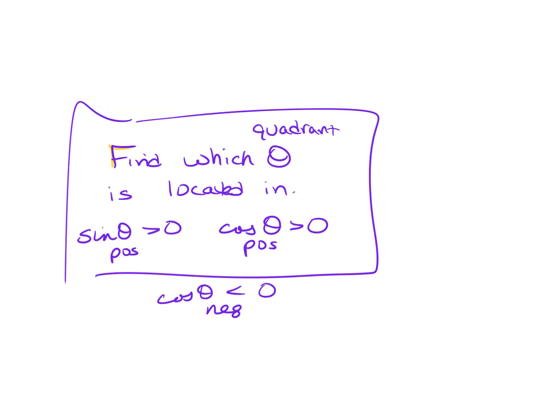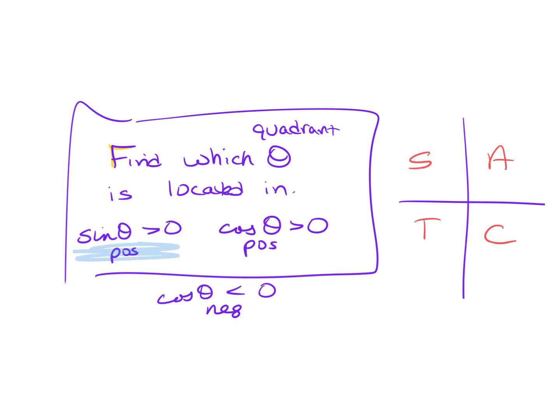So you're going to do your little axis here, and you're going to do your All Students Take Calculus, and then I'm going to put check marks where sine is positive. So I know sine is positive in quadrant 1 because everything's positive in quadrant 1. And then the S, that stands for sine, so it's also positive in quadrant 2.